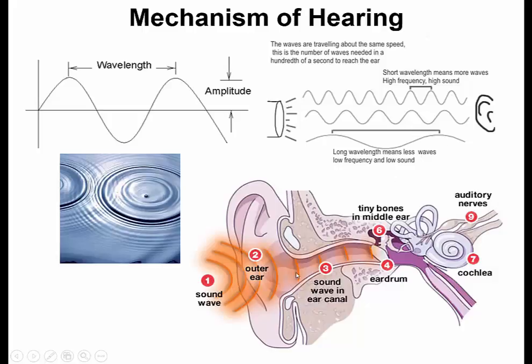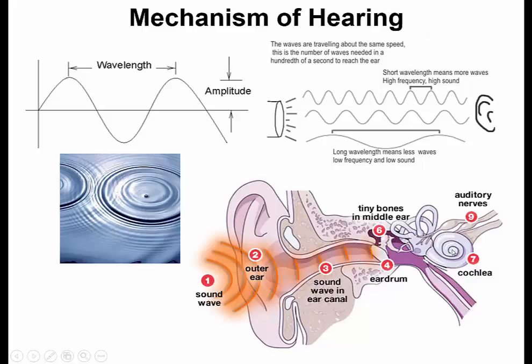Well, as these different wavelengths come in, they cause the tympanic membrane to vibrate depending on the frequency of the wavelength. And then that's going to cause the auditory ossicles to move back and forth based on that frequency, which is then going to push on this oval window at that particular frequency. And then those frequencies, those sound waves, are going to be transmitted through the perilymph.